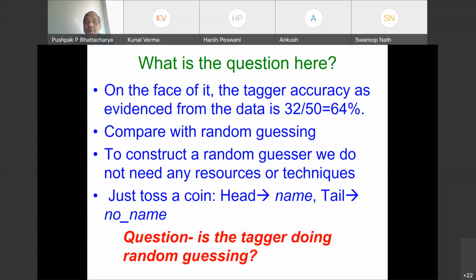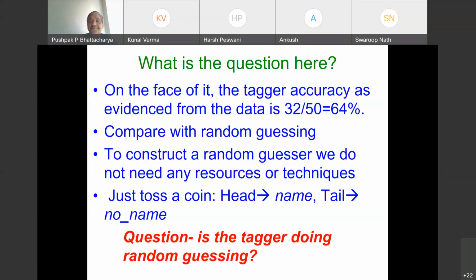So how does it map to accuracy is your question actually. Mapping it to accuracy is the question. Let me come back to that later.